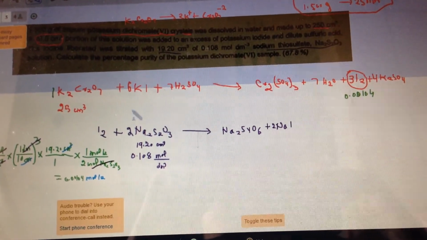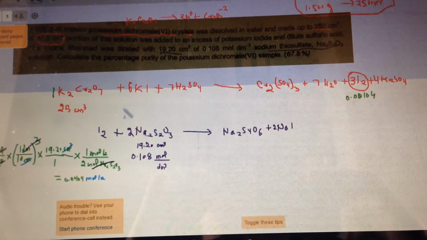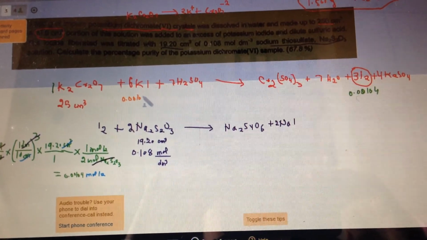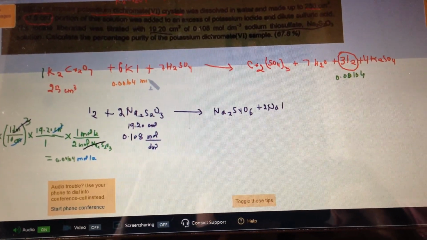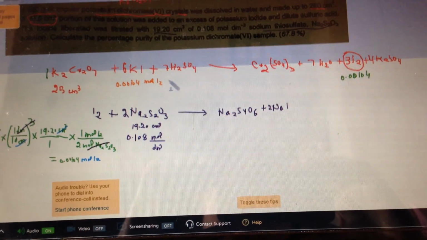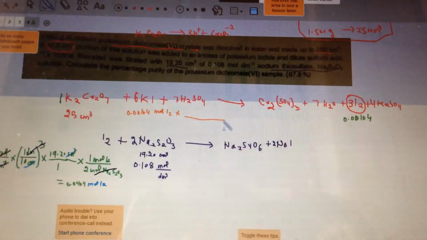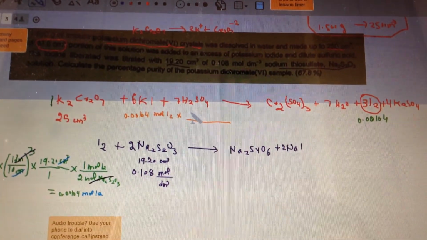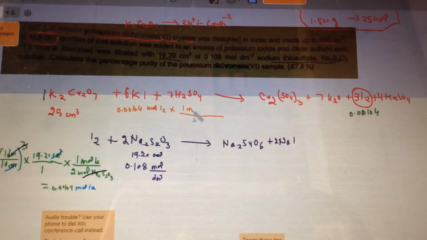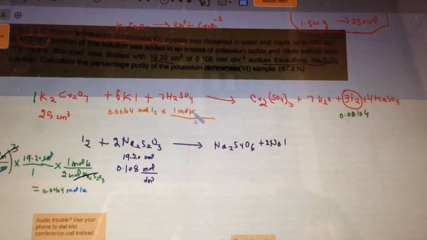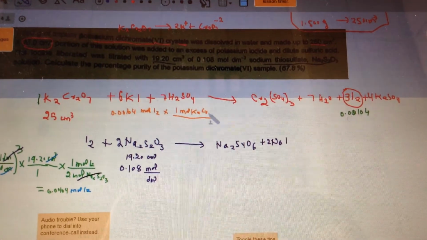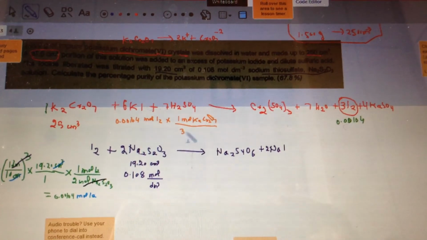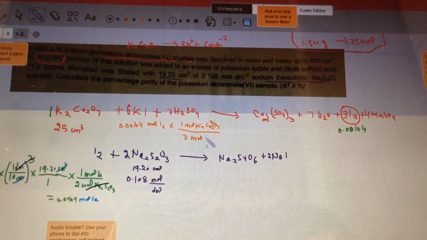So that's going to be 0.00104 moles of I2 times 1 mole of K2Cr2O7 divided by 3 moles of I2.